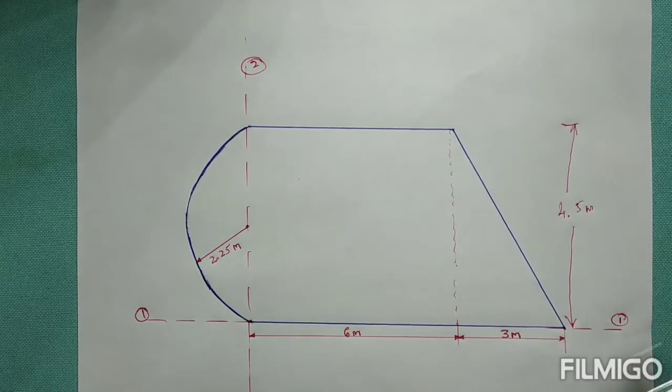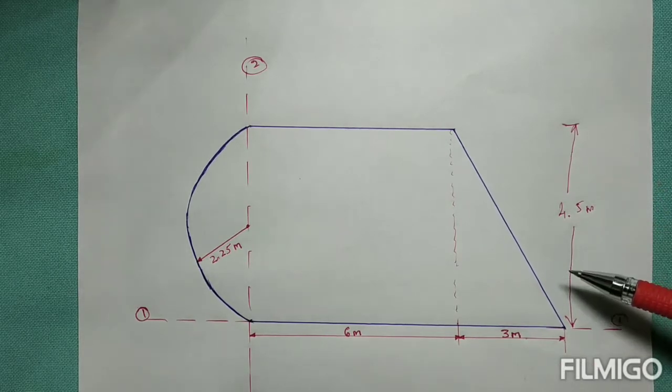So the rectangular width is 6 meter, height is 4.5 meter. Similarly for the triangle, the base width is 3 meter, and the height is 4.5 meter.